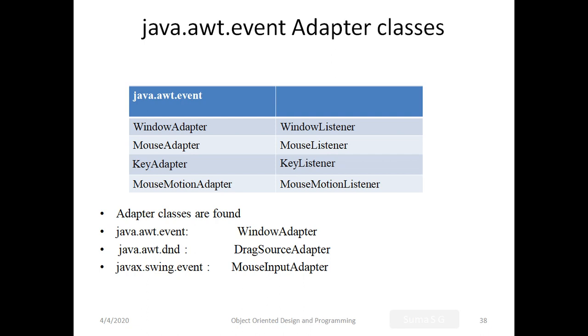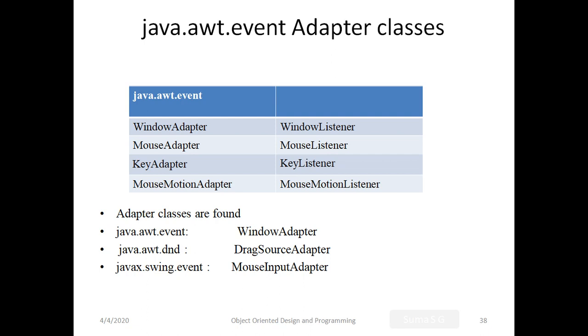Corresponding to each listener, there is an adapter class, right? The java.awt.event package contains the following adapter classes. WindowAdapter is the adapter class corresponding to WindowListener. Corresponding to MouseListener, there is the MouseAdapter class. For KeyListener, there is the KeyAdapter class. For MouseMotionListener, the MouseMotionAdapter class.